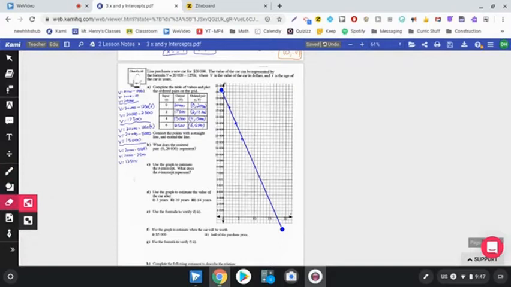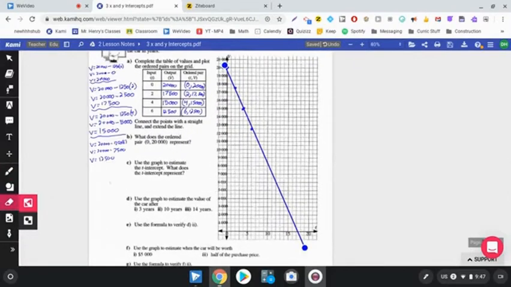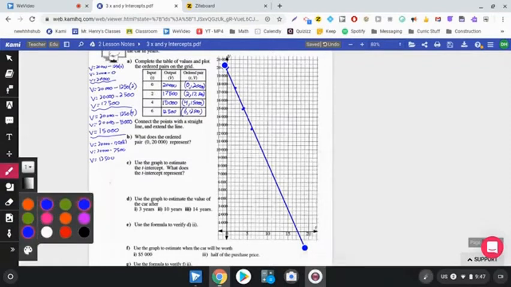It says, what does the ordered pair 0, $20,000 represent? Okay, that is right up at the top. That is 0 in terms of years, $20,000 in terms of value. Well, that would be how much I paid when I bought this vehicle, right? I walked in, $20,000 vehicle, 0 years on it. It is worth $20,000.